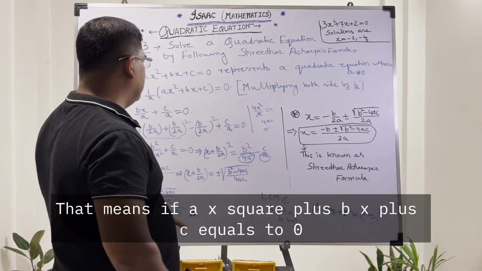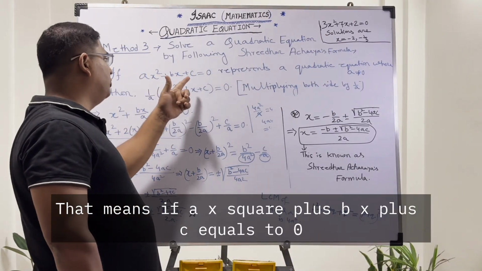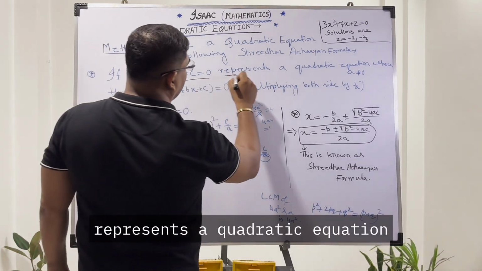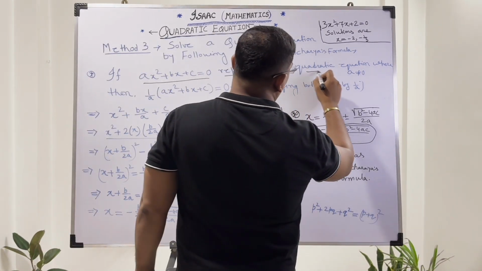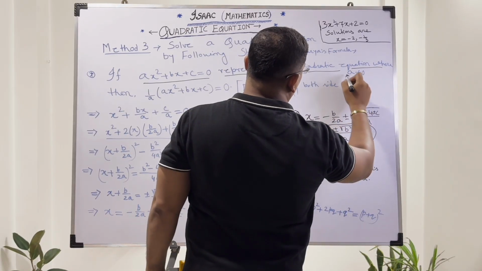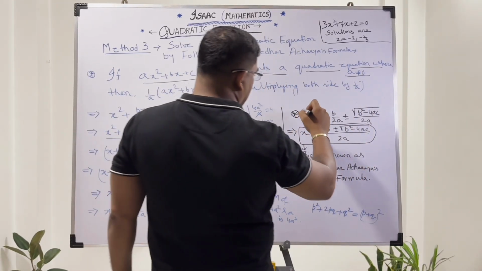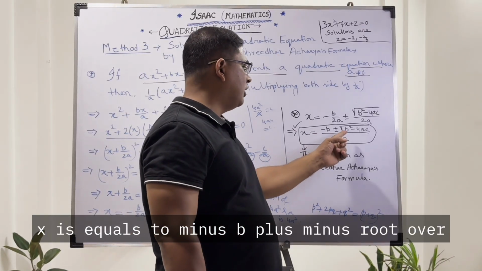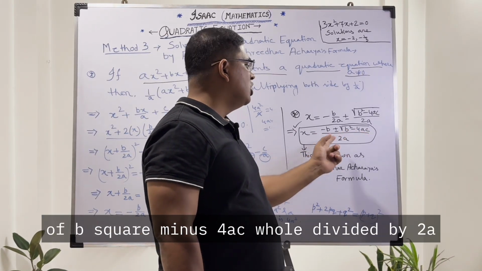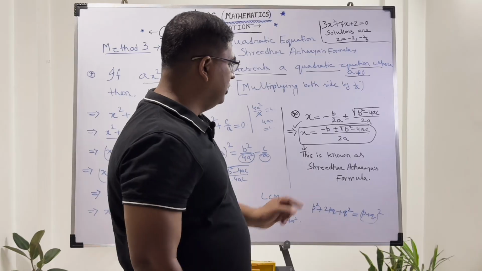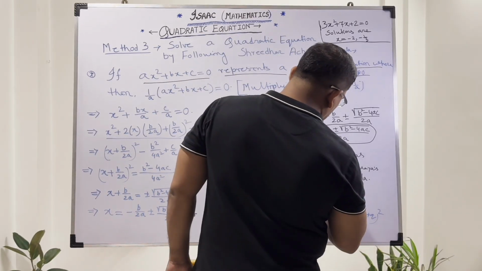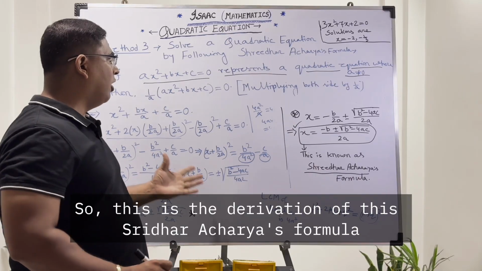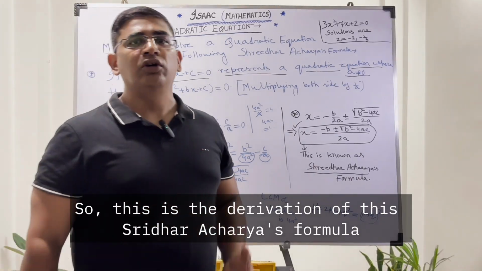That means if ax square plus bx plus c equals to 0 represents a quadratic equation where a not equals to 0, then x is equals to minus b plus minus root over of b square minus 4ac whole divided by 2a. This is known as Sridhar Acharya's formula.